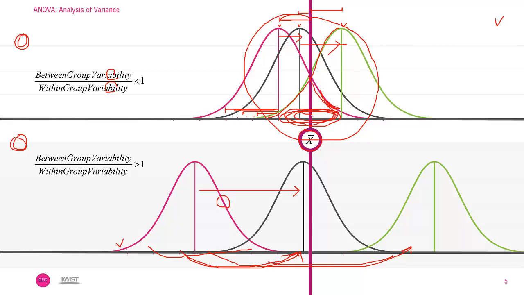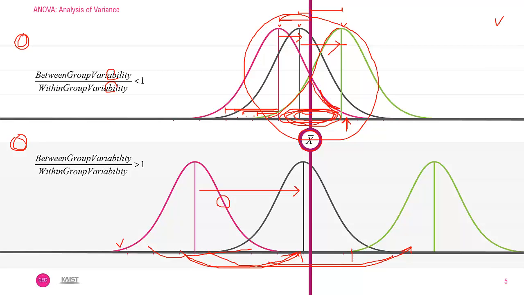So in other words, when you find one score here, you cannot yet say which data set this score would belong to, right?